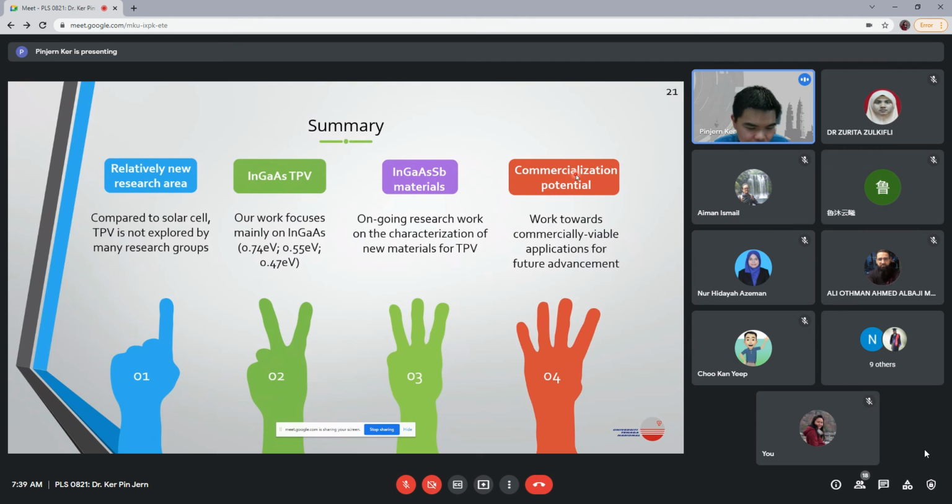So we are talking to a few industries such as Petronas and TMB for some of the possible applications, and with the support and funding from these giant companies, hopefully we can make good advancement in the future.